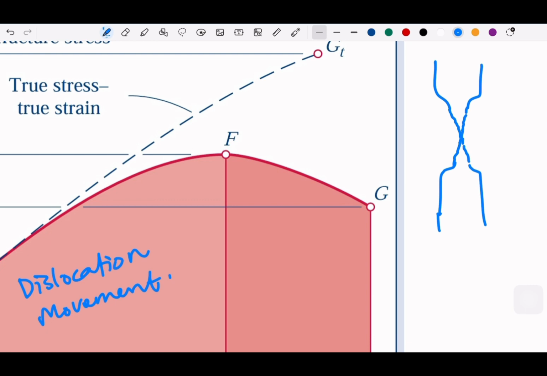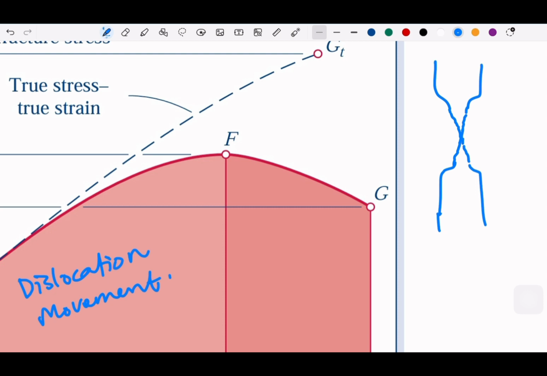It's too long for scale, but let's just imagine that this happened, just to give you a good image. So this is what we call necking. The necking means there are changes in the area. Which area? The cross sections.